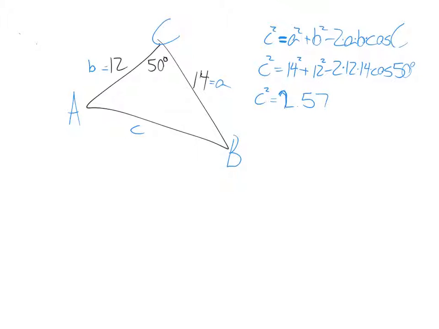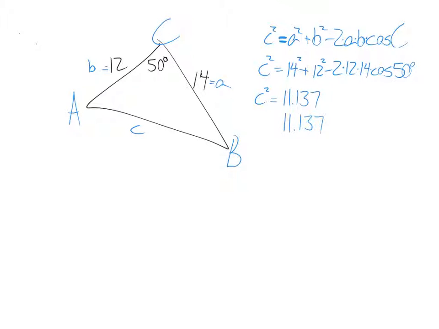Did anyone else simplify that yet? No. 11.137. Yeah, that sounds like it's probably right. That's what I got. Okay, that's what you got too, Taylor? That does sound more reasonable.